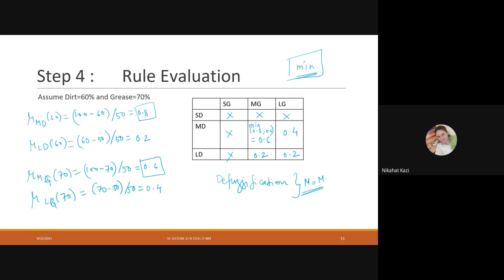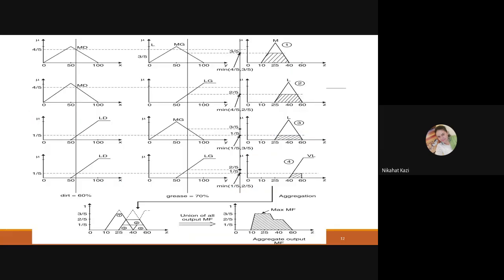So first of all, these values you have. If you want to look at it graphically, it is somewhat like this. These are my rules which were firing. So medium dirt, medium grease, graphical. This is a graphical representation of the values we had written in the previous line. So if the dirt is medium, for that value, 60% of dirt and 70% of grease, dirt is medium, grease is medium, the min of these two, you project.